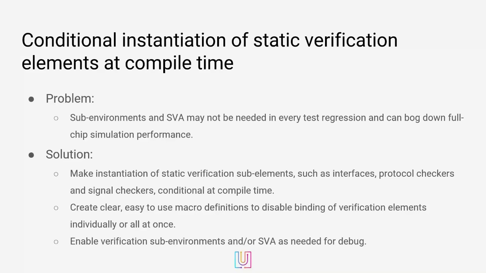So to fix this, we make instantiation of static verification sub-elements such as interfaces, protocol checkers, signal checkers, conditional at compile time. We need to create clear and easy to use macro definitions to disable binding of these verification elements. Then we enable these verification sub-environments and SVA as needed, when our top level scoreboards are reporting errors.